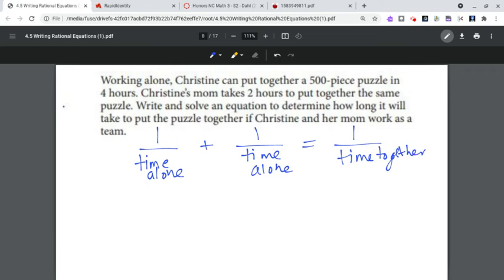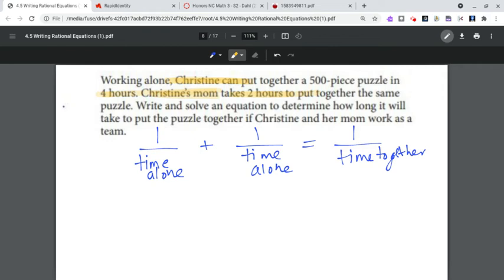Okay, so you're going to see us utilize this formula for the next few problems. Okay, here's what we're given. Christine's time is 4 hours. Christine's mom is 2 hours.